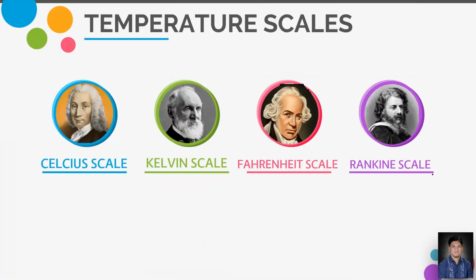First we have the Celsius scale, and we also have the Kelvin scale, the Fahrenheit scale, and the Rankine scale. Among the four, Celsius and Fahrenheit are the ones very familiar to us. For Kelvin and Rankine, I don't know if you happen to hear of these scales in temperature.